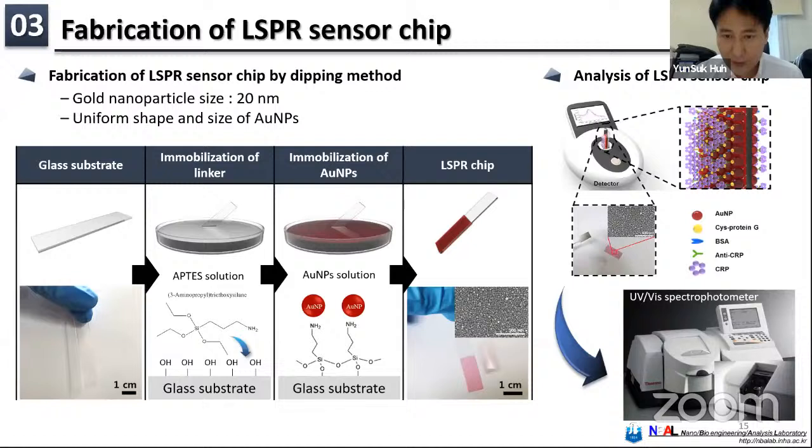As expected, we can observe a bunch of gold particles densely packed as monolayers on this plasmonic active substrate, and we assembled it into a cuvette shape.